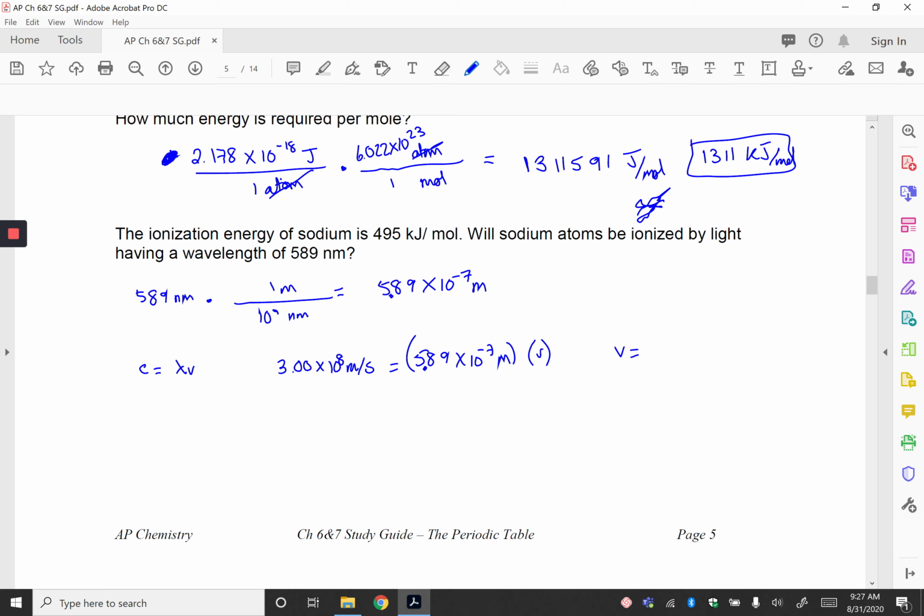Nu here ends up being 5.09 times 10 to the 14th hertz or per second.